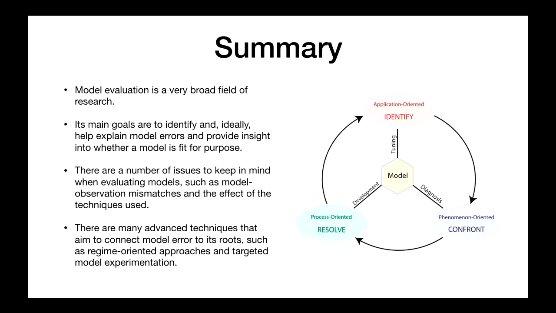So the main goals, in my view, are to identify and ideally help explain model errors. The explain is the important part here. Identifying model errors is important if you want to use the model for something, but it's not usually very insightful. You have to go and dig a bit deeper.